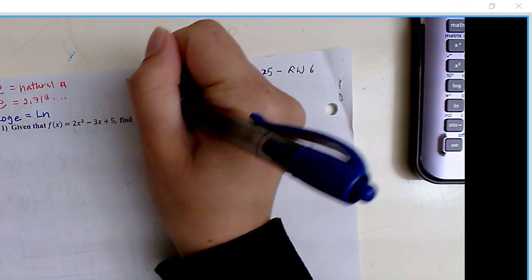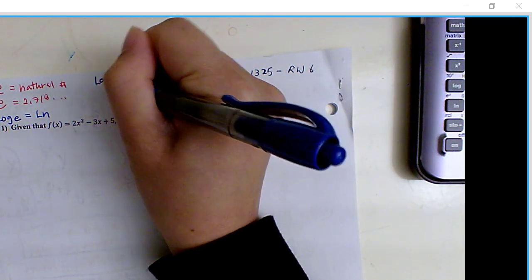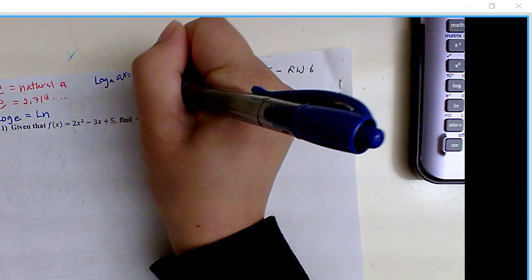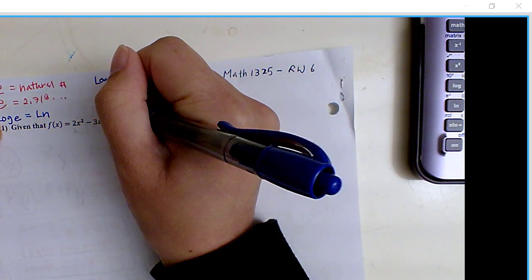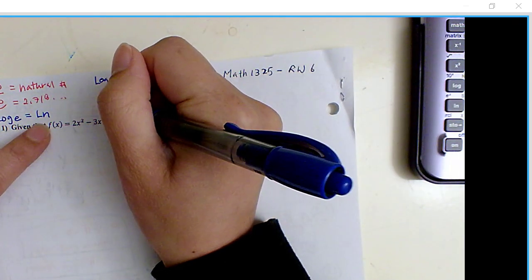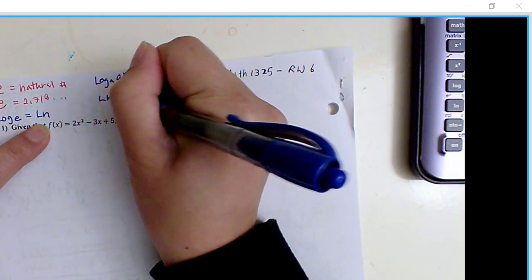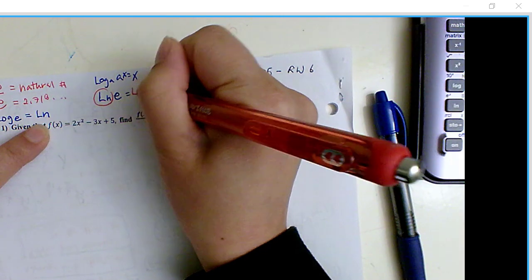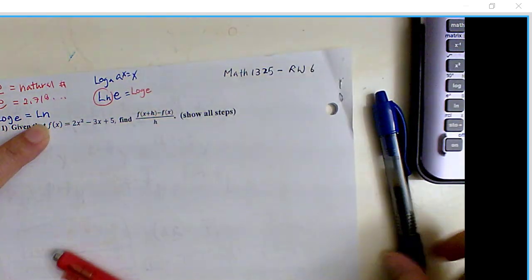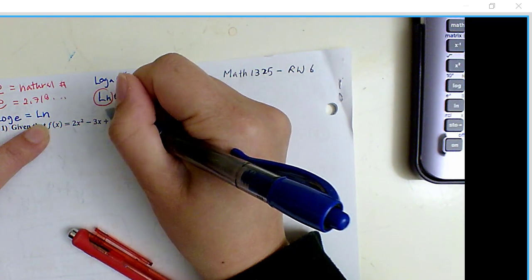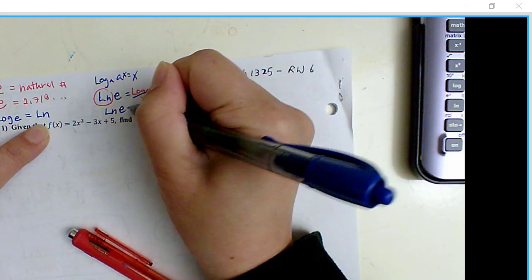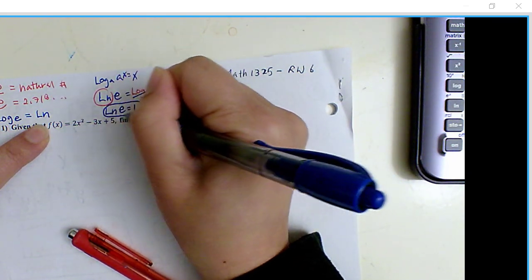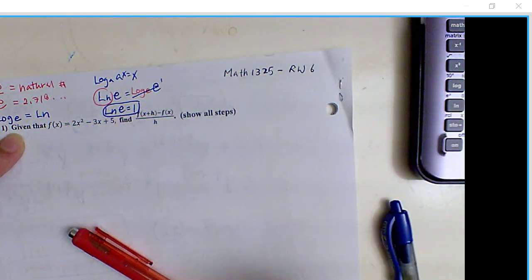And remember we said log base a of a to the x equals x, right? So if you have log base e is ln, and you see ln of e, ln can be replaced with log base e, right? And then you have one more e here, like that, it can cancel. So essentially ln e just equals 1. So that's another thing you may need to know.